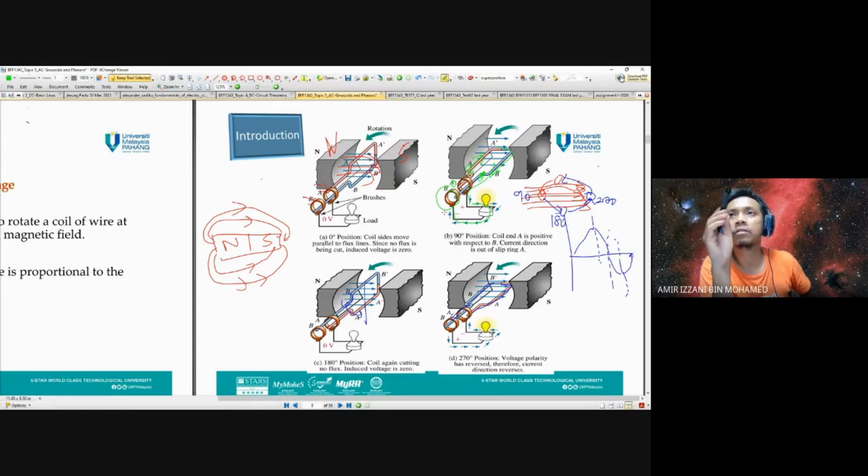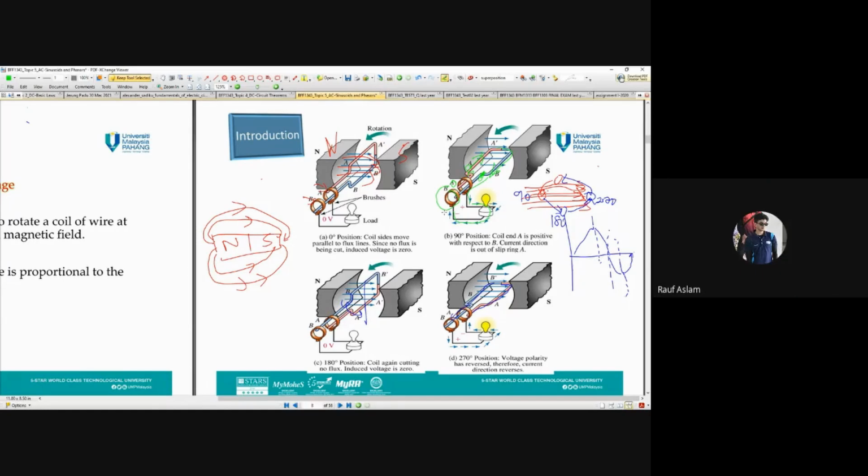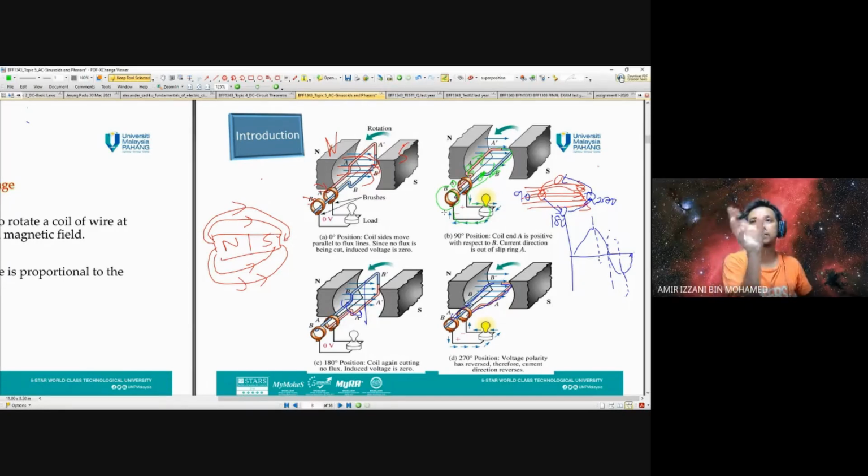But if we look from A's point of view, follow the rotation. Initially it's like this, then it becomes like this. Never mind, please verify later.